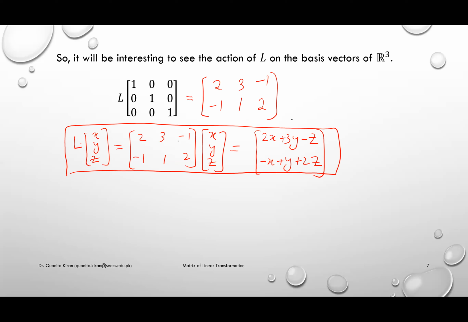So if we have the action of L on the basis vectors, then we can obtain the general formula of the linear transformation.